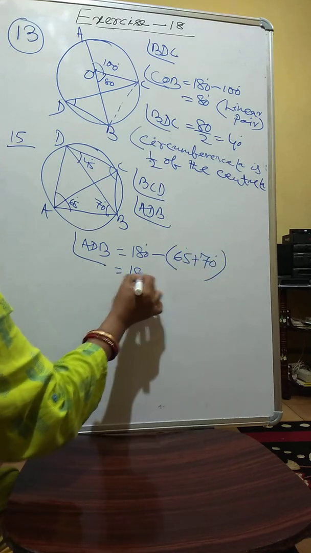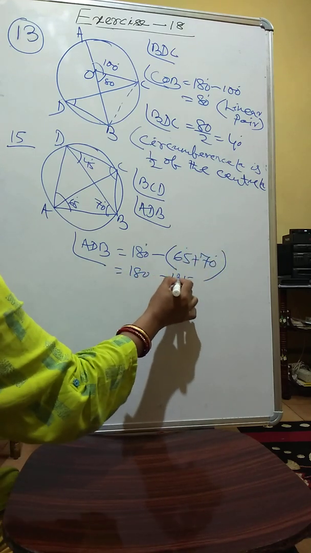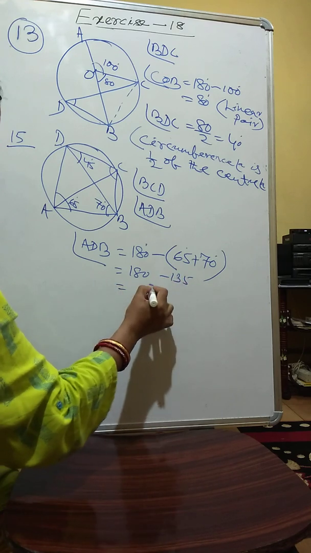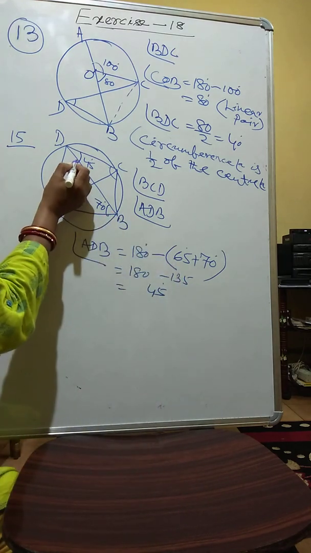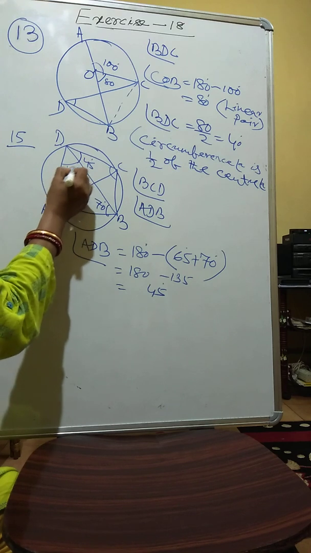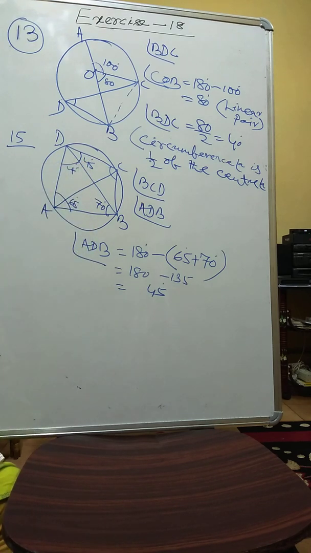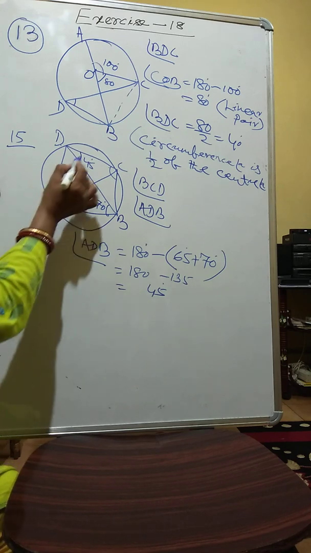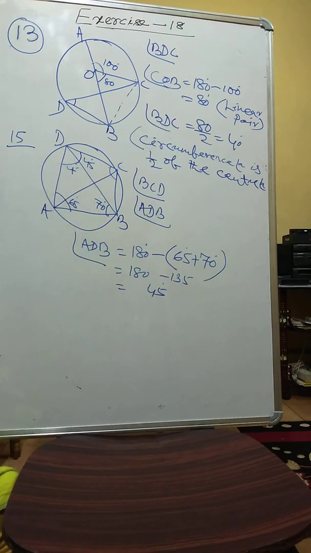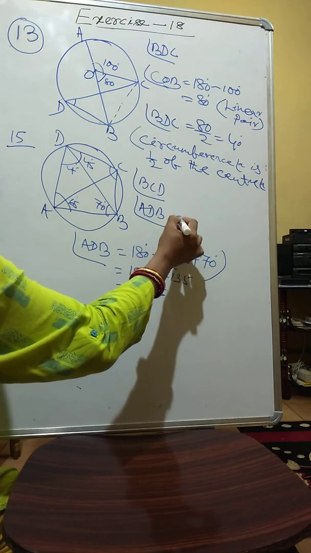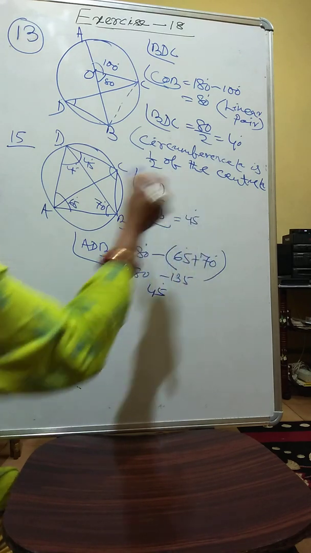This is 180 minus 45 degrees. You got this is 45 degrees. That means how much you got? This is 90 degrees. So you got this is 45.